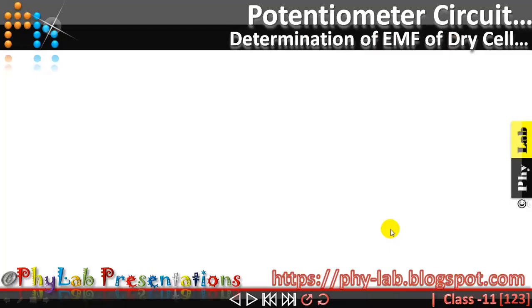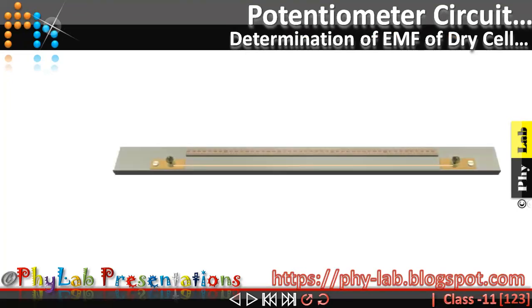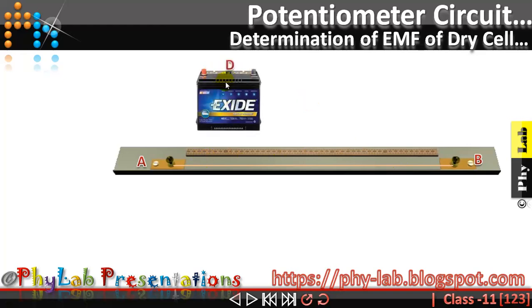So friends, the circuit or the experiment that I have shown you just now, I am going to put up the animated view of what we need to do. This is our potentiometer wire AB. This AB wire is generally made of manganese, and it is 100 centimeter mounted on a meter scale, as you can see. Then I have got a DC power supply or a battery, and there are these two terminals.